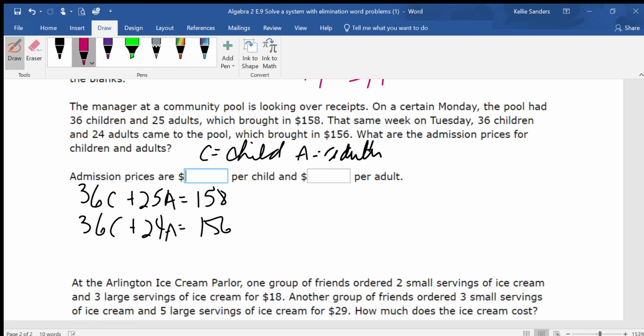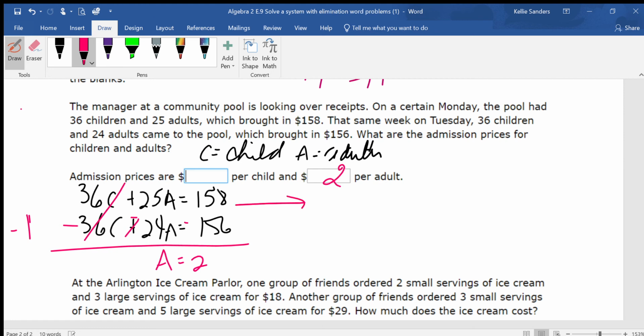If we put a negative into each one of those, because I've multiplied everything by negative 1, those would cancel out, and I'm left with 1A equals 2, so $2 for an adult.